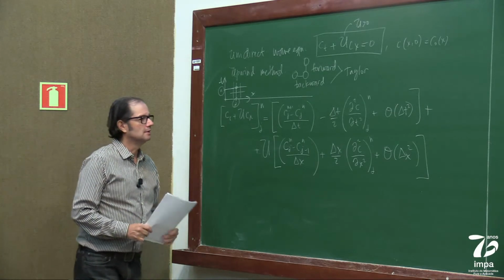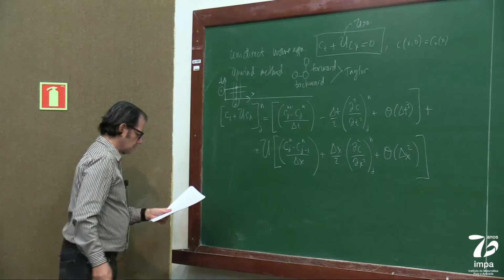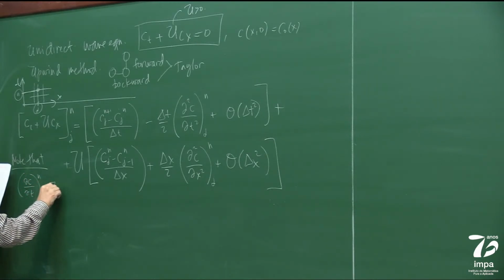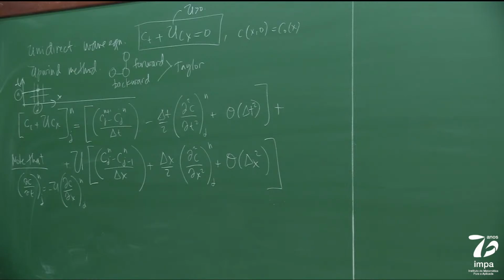Now, let's play with these guys. So note that, all trivial, but just to get our notation to help us, if C is the solution of the PDE on the grid point, I can exchange derivatives.